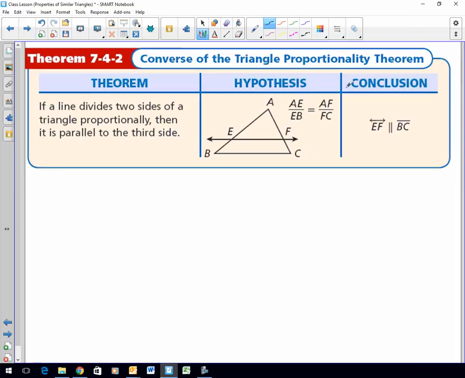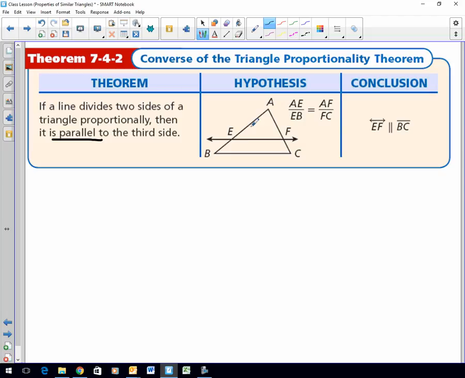Next, I have what's called the converse of the triangle proportionality theorem. It should be eerily familiar. Here's what it says. If a line divides two sides of a triangle proportionally, then that line is parallel to the third side. It's essentially, guys, the exact same theorem, just written the other way.